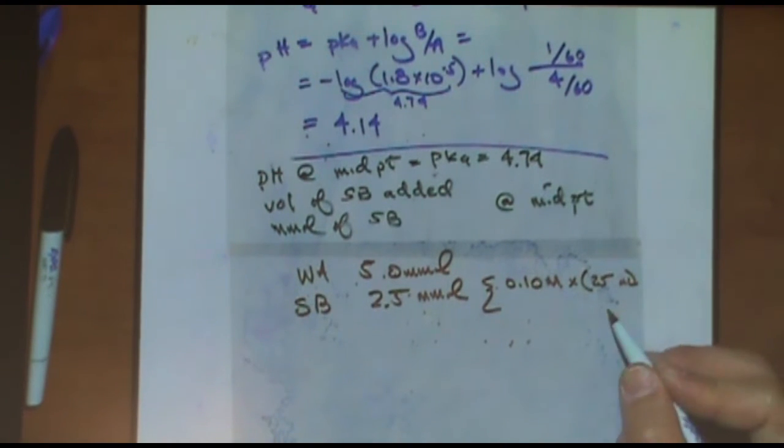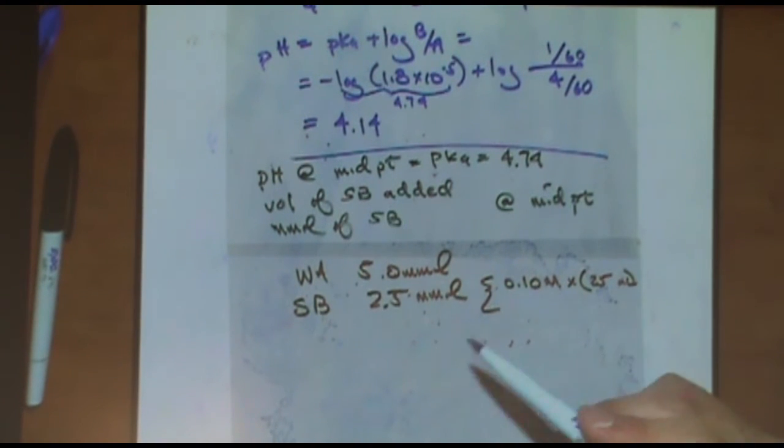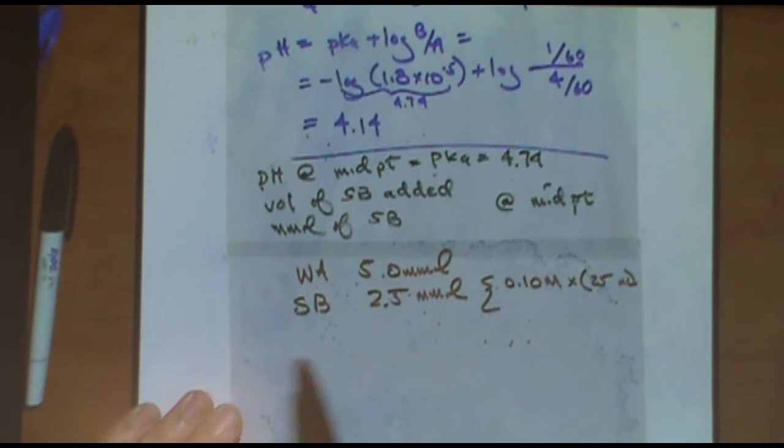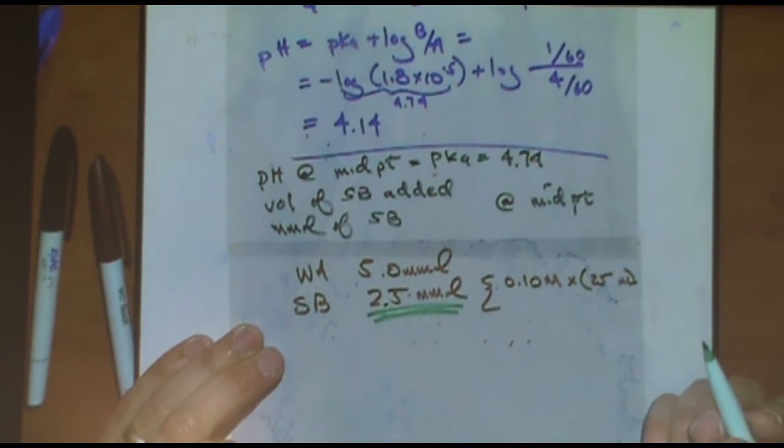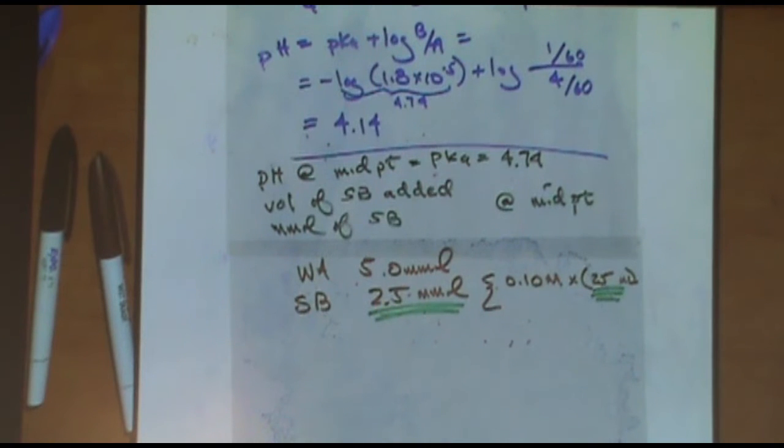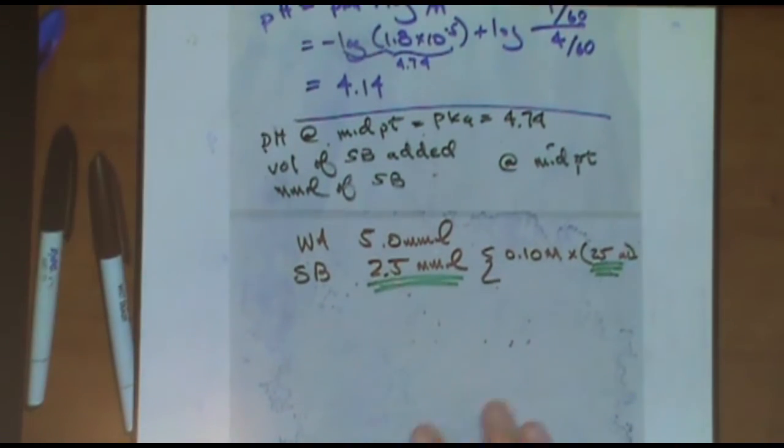Shoot. Okay, never mind. 25 times 0.1 will get you to 2.5. So the millimoles of strong base is going to be 2.5 at the midpoint, and the volume of the strong base will be 25 milliliters at the midpoint. This is a way for us to twist the problem around a little bit for you so you have a little more fun on the final.